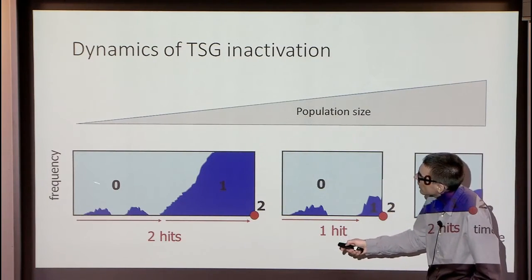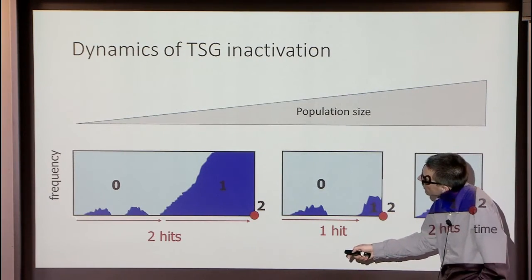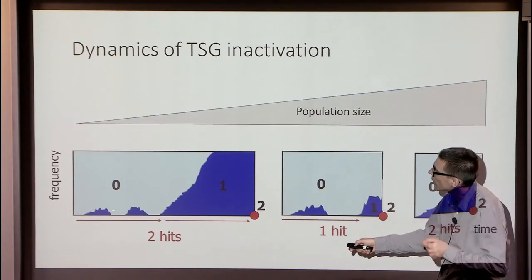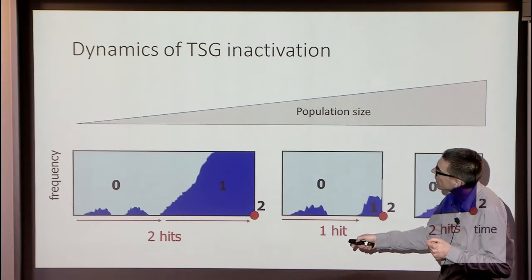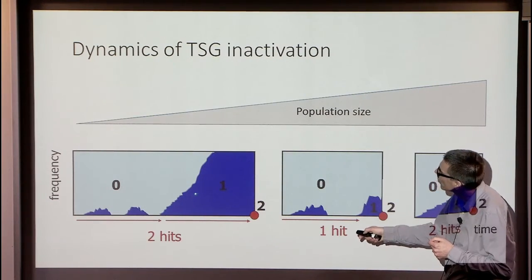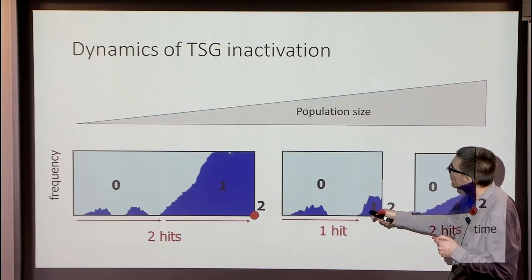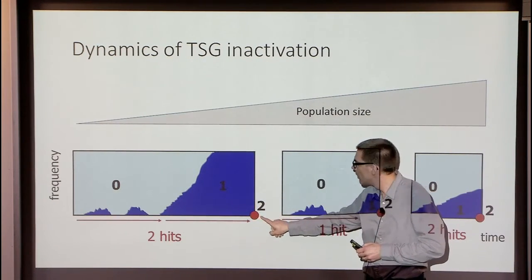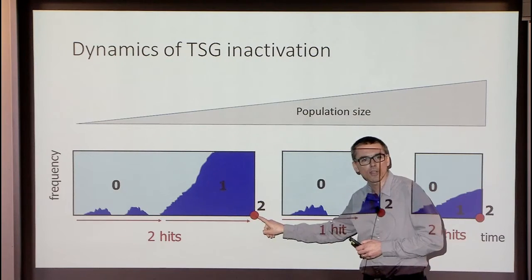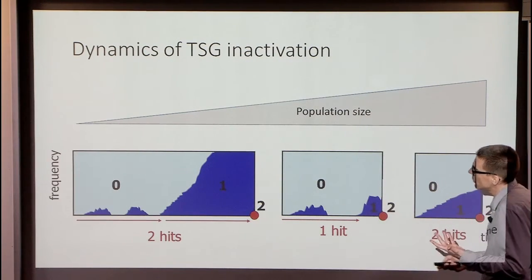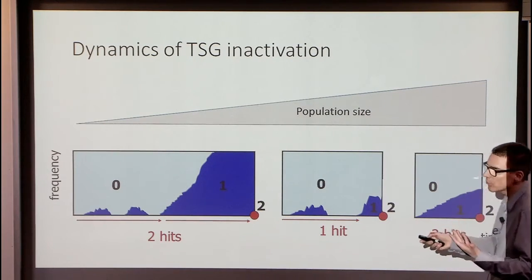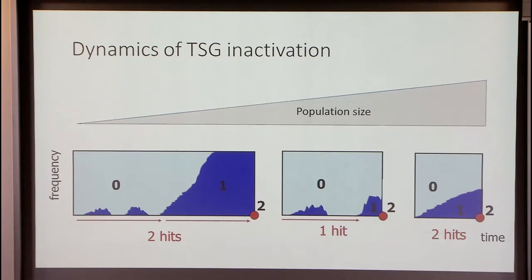You start with cells that have none of these events, and then a subpopulation comes up that has the first hit, but it goes extinct again. This one again has it, goes extinct. This one eventually reaches fixation, and after it has reached fixation, the second event occurs here. So here the tumor suppressor gene is inactivated. In other words, this is a two-hit scenario: you first need the first mutation to reach fixation, and then the second one occurs.